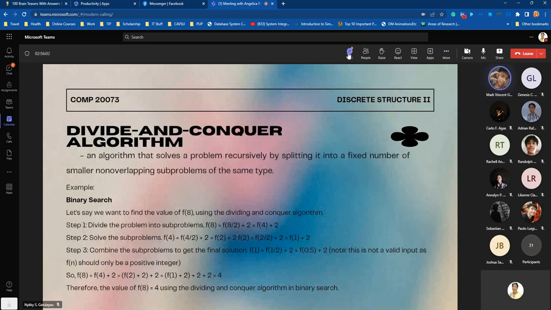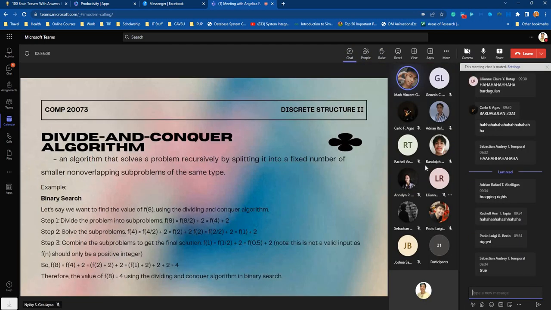f of 2 equals f of 2 divided by 2 plus 2 equals f of 1 plus 2. Step 3. The solution of 1 equals f of 2 divided by 2 plus 2 equals 0.5 plus 2.